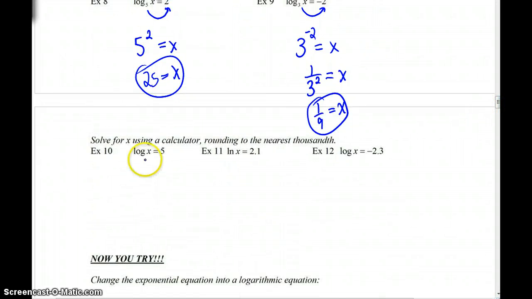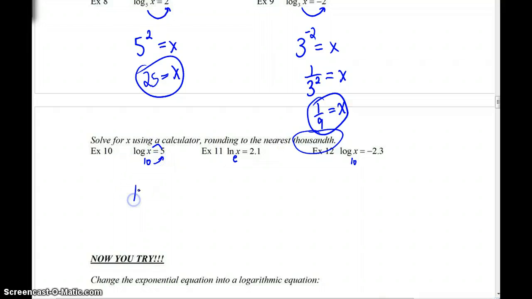Real quickly, let's go to the back. We could use a calculator here, but for number 10, it just says log. There is a base 10. For number 11, it just says ln, or natural log. That has an understood base of e. And likewise for number 12, we have a base of 10. We're asked to go to the nearest thousandth using a calculator if needed. For number 10, we don't really need a calculator for this one.